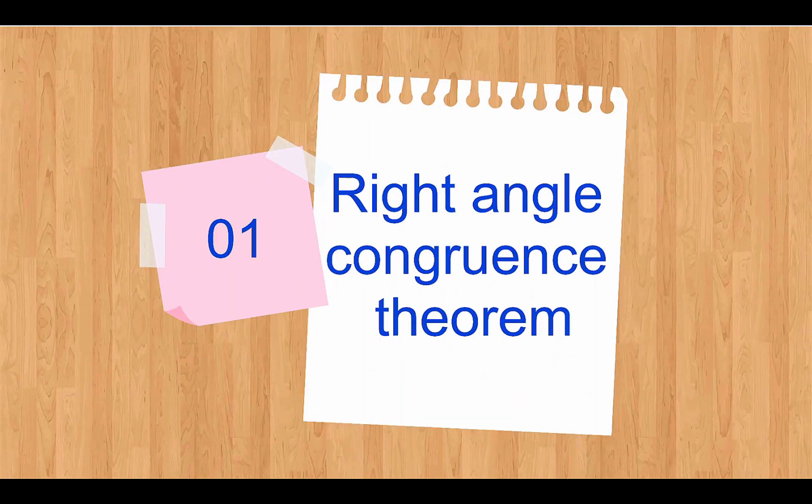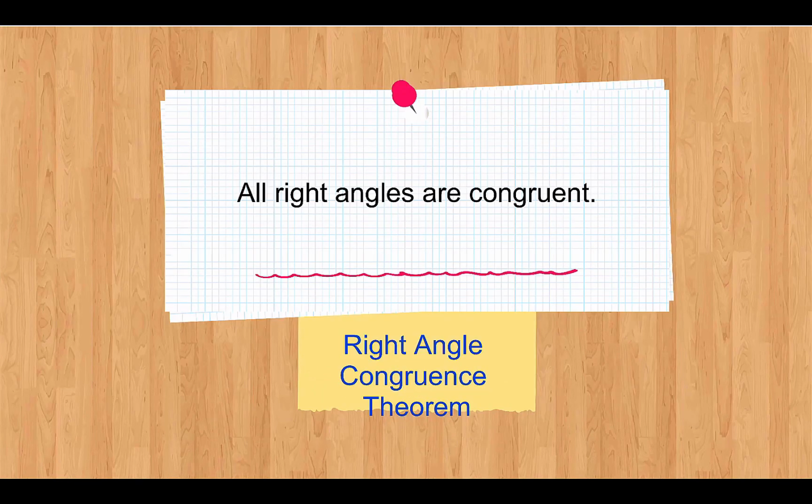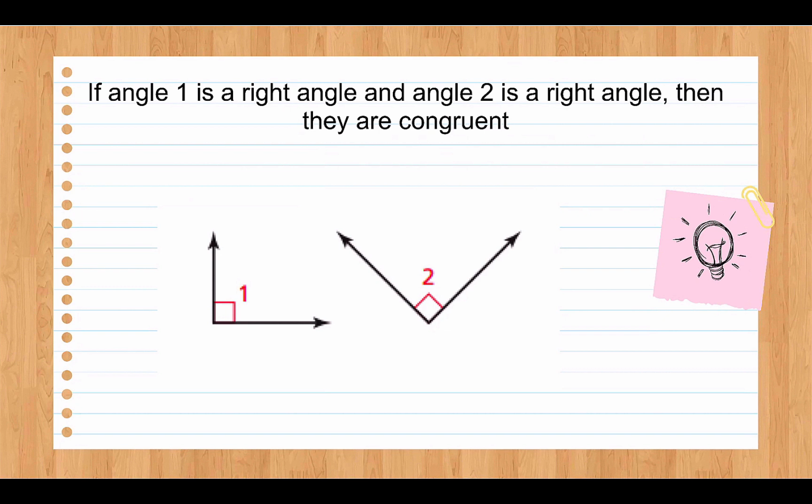Right angle congruence theorem: all right angles are congruent. So, if angle 1 is a right angle, and we know that because it shows us the square right there that indicates a right angle, and angle 2 is a right angle, then we know that angle 1 is congruent to angle 2.